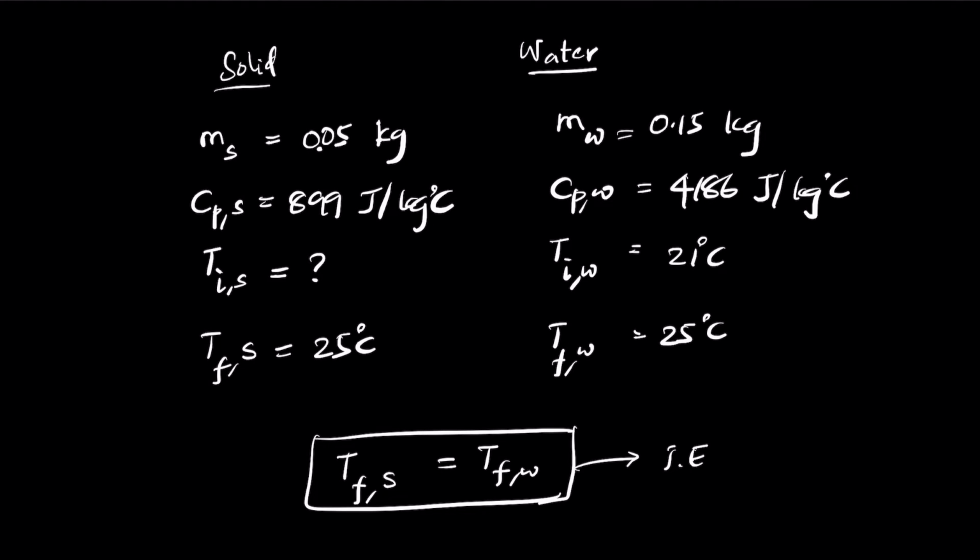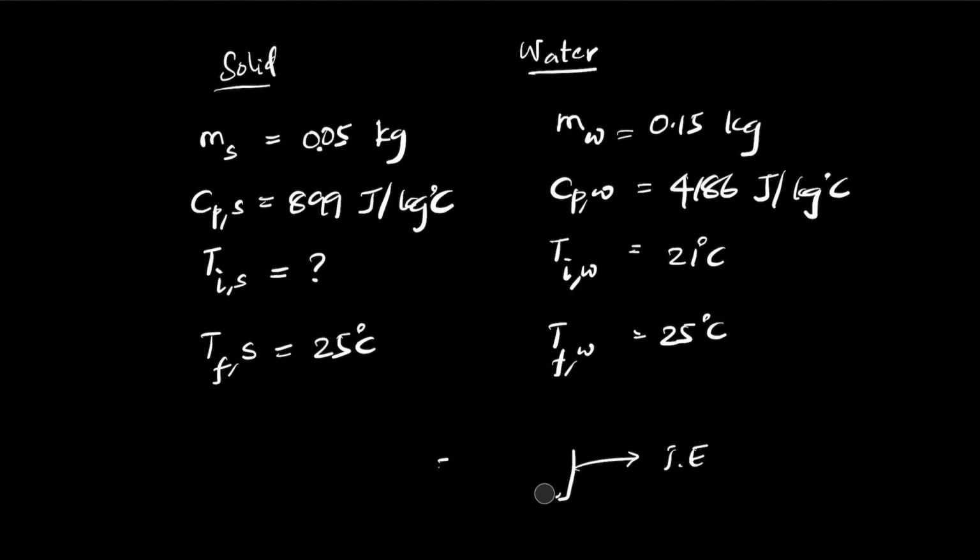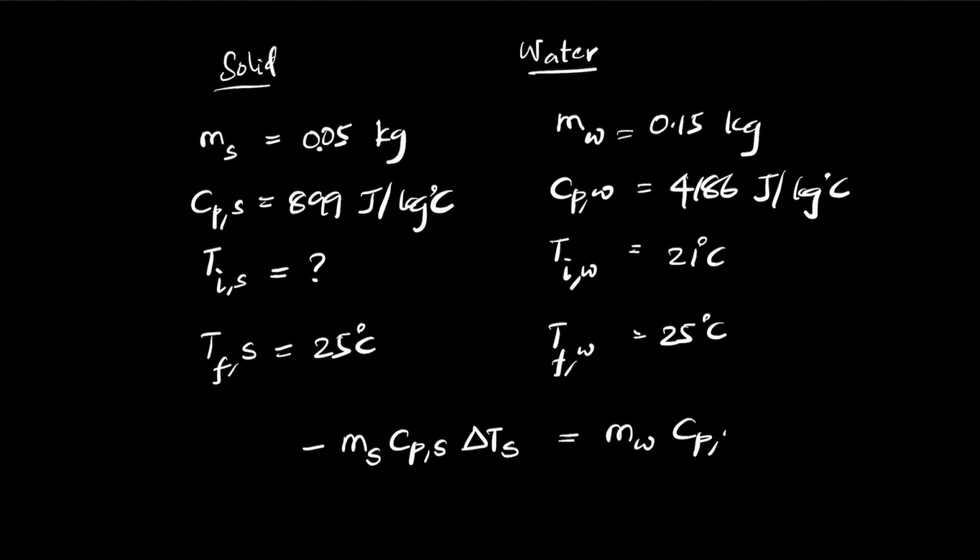So from this we also know the formula. We know that negative Ms Cps delta Ts equals Mw Cpw times delta Tw. So minus 0.05 times 899 times the initial temperature, which is not known, so let's consider it as Tis.